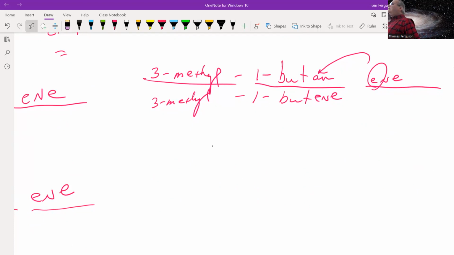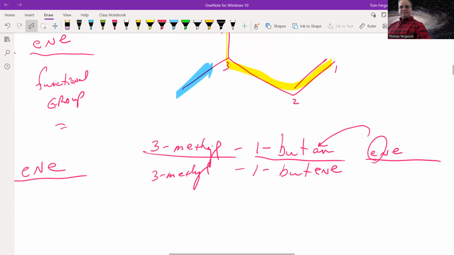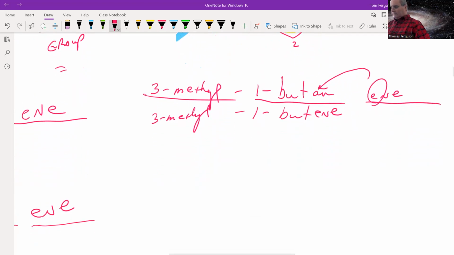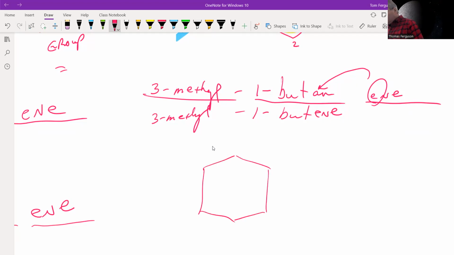You can also have cycloalkenes. So if it's a cycloalkene, you're going to have to then notate it as such. So let's do a cyclic one. Okay, so let's name that. Right away, you notice it's cyclic.